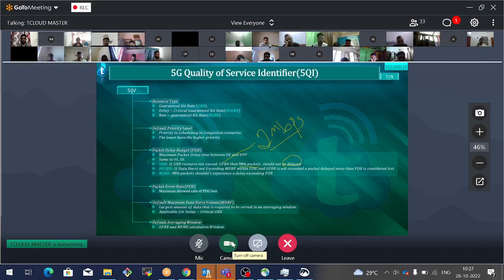For delay critical GBR, here the data will be sent in bursts. What is the meaning of a burst? A sudden generation of data. That is what we typically call a burst.